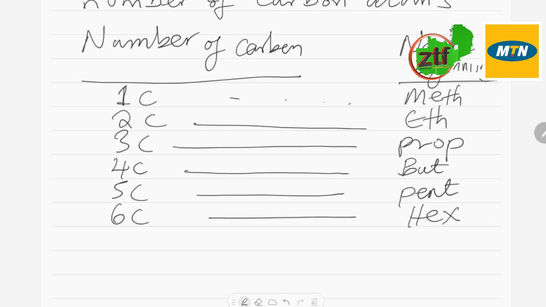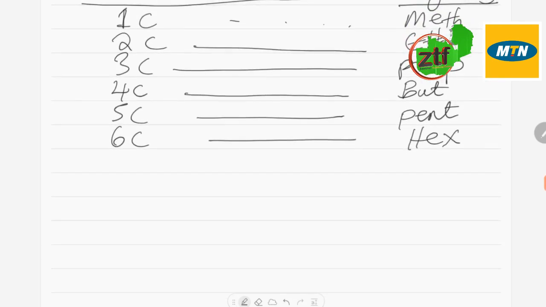Now, for this revision purpose, I will just end on carbon number 6. Otherwise, they can continue going.